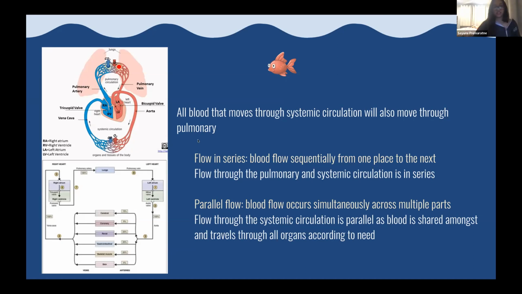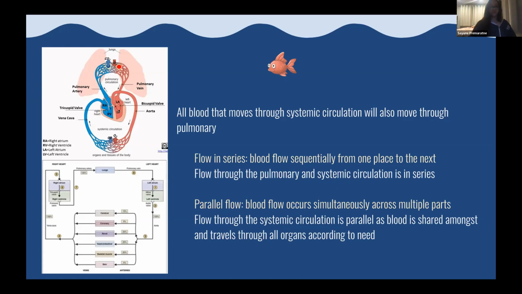So two things that you'll hear is that these circulations are either in series or in parallel flow. So flow in series means the blood flow is going from one place to another sequentially.